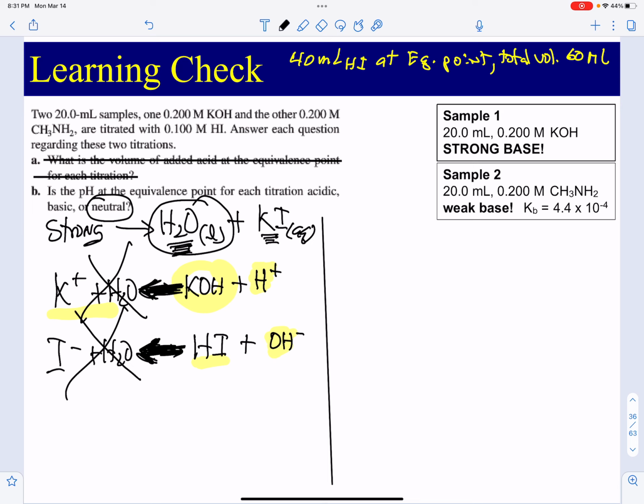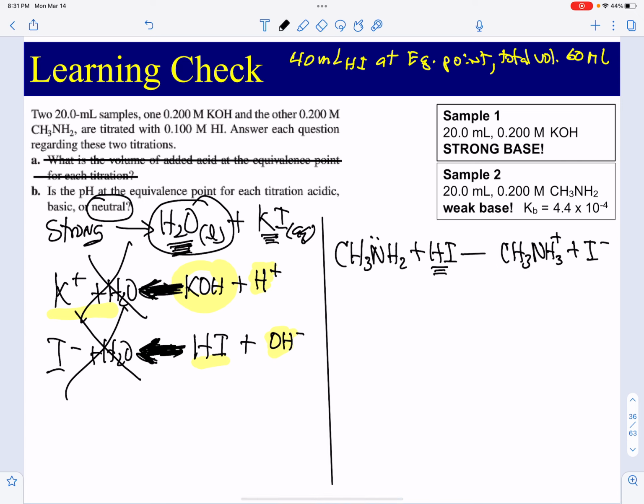The other one, you have your base, you are reacting it with the acid, and you are creating your protonated base or your conjugate acid and the conjugate base of the acid. And because this is strong and you carry it until it was neutralized, it's not an equilibrium.